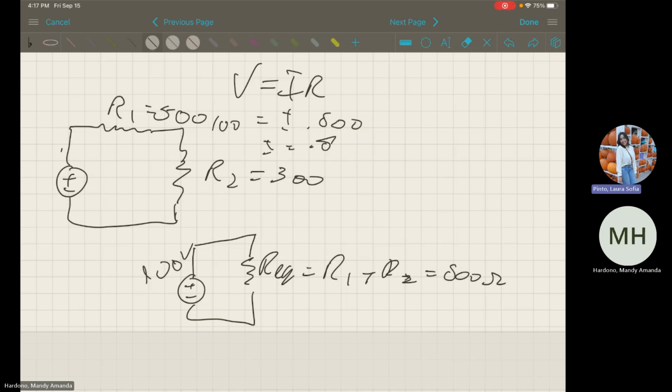I don't think the math is correct there. I is basically 100 divided by 800. Does anyone have any questions until now? Going good? Okay.